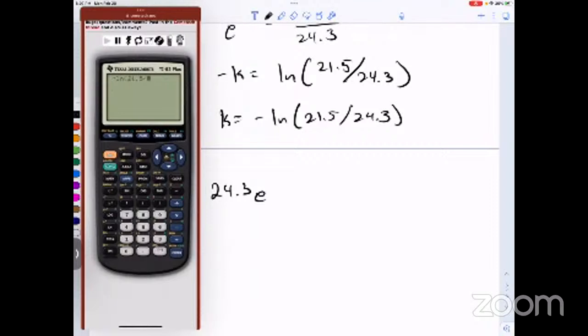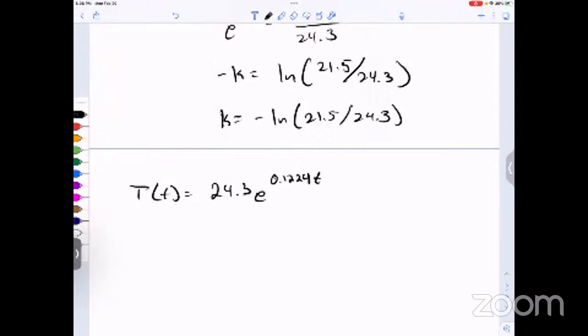And so for our k, we get this number, 0.12, I'm going to put 24 for now, times t, plus the room temperature. The room temperature being 62, right? So this is the model that we get.